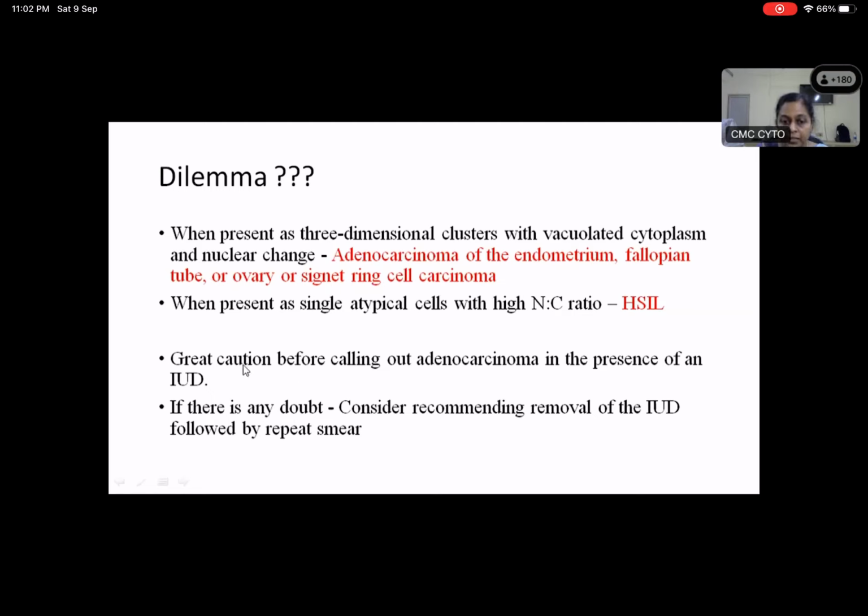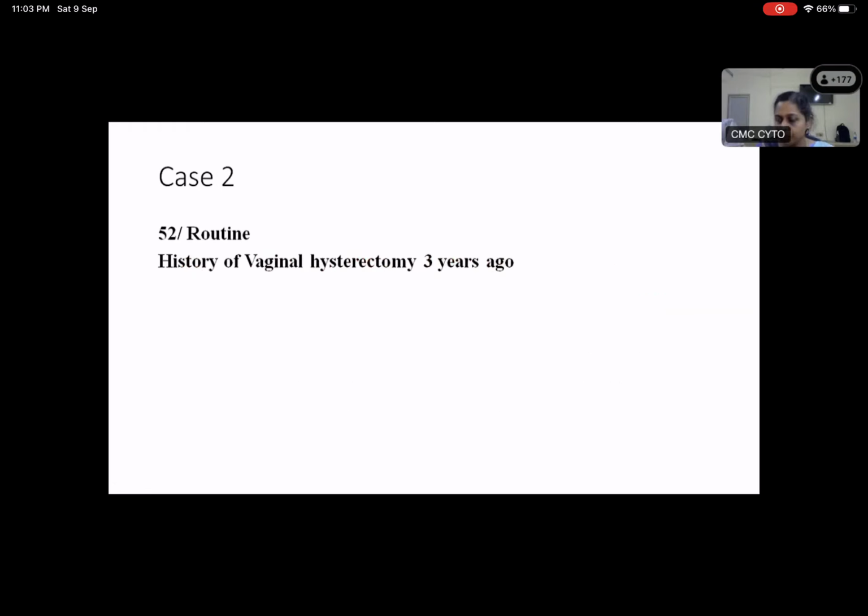So you need to be extremely cautious before calling out adenocarcinoma in a patient with IUCD. If there is any doubt, you need to even consider recommending removal of IUCD followed by repeat smear. So these are some non-neoplastic findings which can pose great diagnostic difficulties in glandular epithelium. So we need to be aware of these differentials.